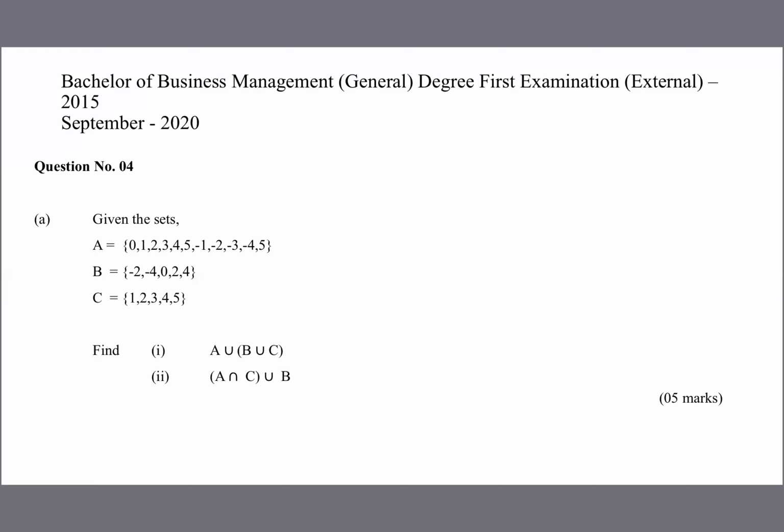So I'm not going to discuss this one. This is a very easy thing. So no worry about that. This is very simple. You can do it by yourself, right? Shall I go to the next one?